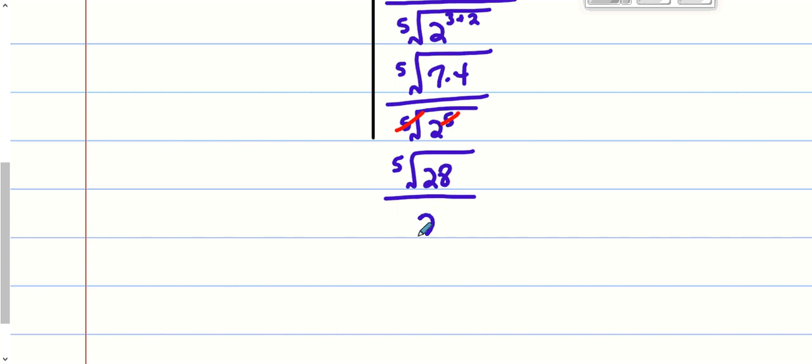That leaves me with a 2 on the bottom. So I have the 5th root of 28 divided by 2. And there's my answer. Takes a little bit more work, but definitely doable.